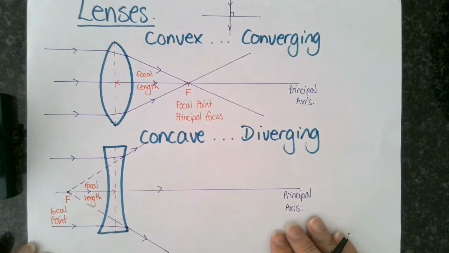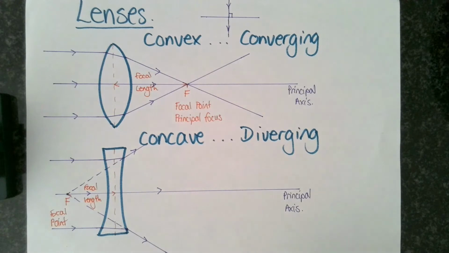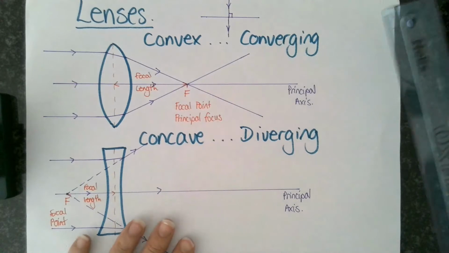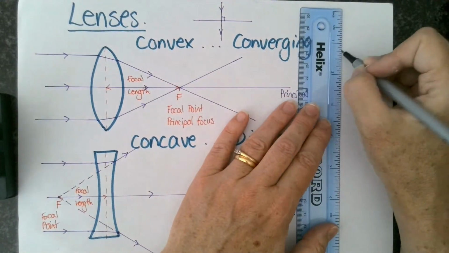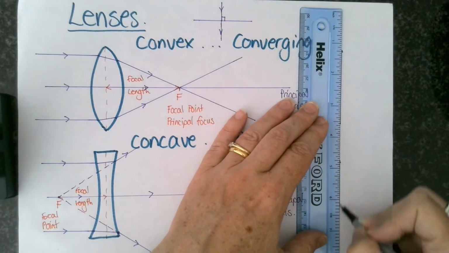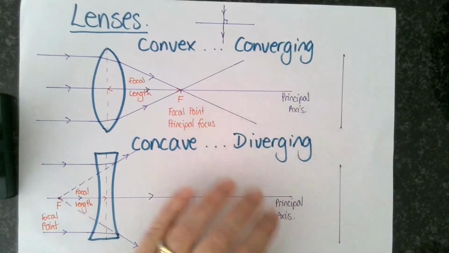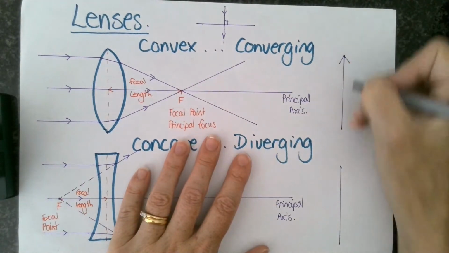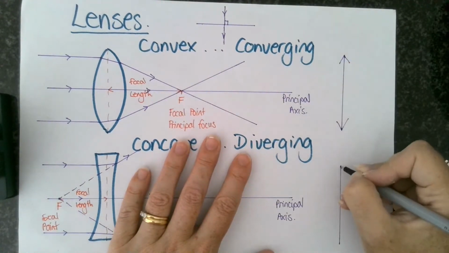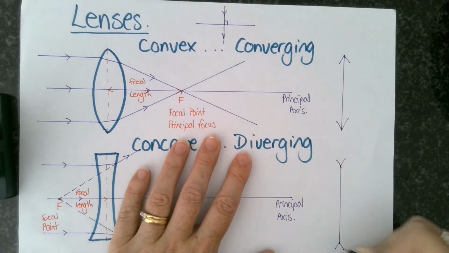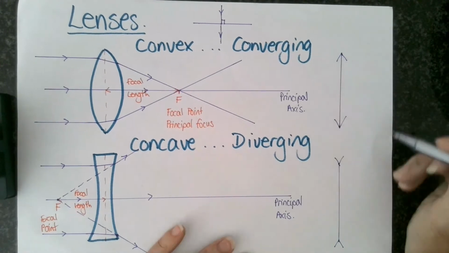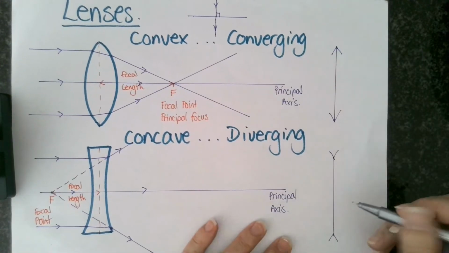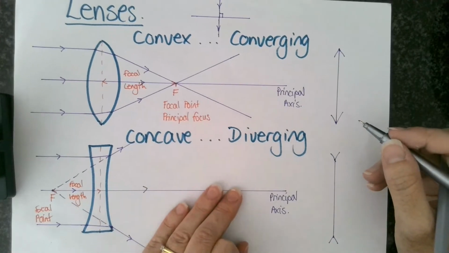Okay, so we've got converging and diverging. Now when you come to your exams, you might be asked to draw some ray diagrams, and they might not say to you it's a converging lens or it's a diverging lens, but on the diagram what they will have drawn is something like this, an arrow, or one with its arrow ends upside down. The way to remember that this is the convex or converging and this is the diverging is to think about the shape of the lens.